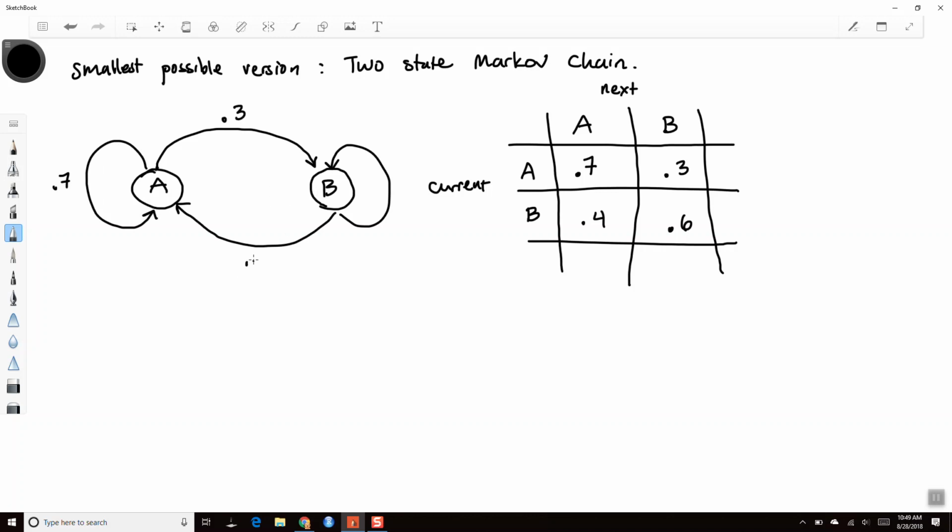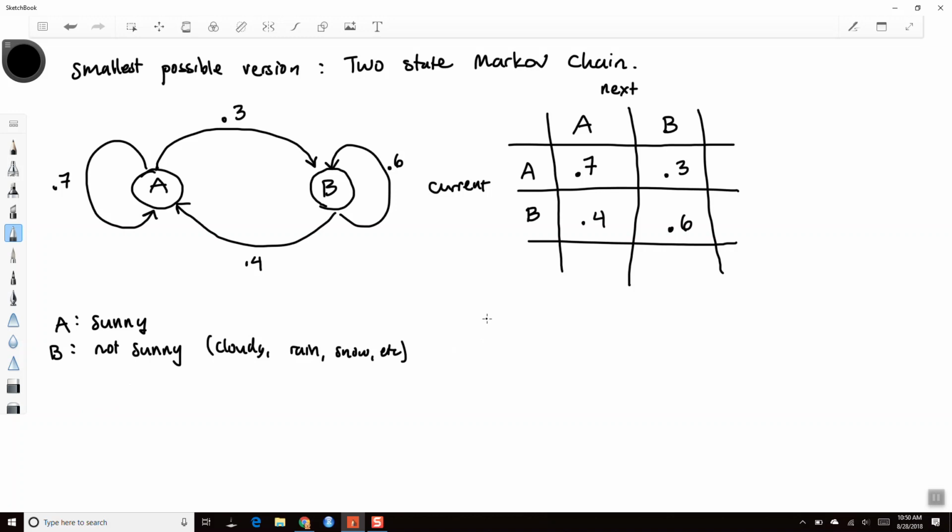If you're at B, you might go to A with probability 0.4, or you will remain at B with probability 0.6. Okay, and this could be something like, you know, A is, it is sunny, and B is not sunny. So maybe that means cloudy or rain, snow, etc. Anything other than sunny.